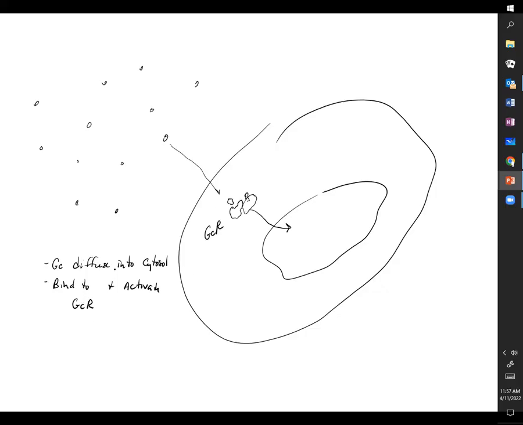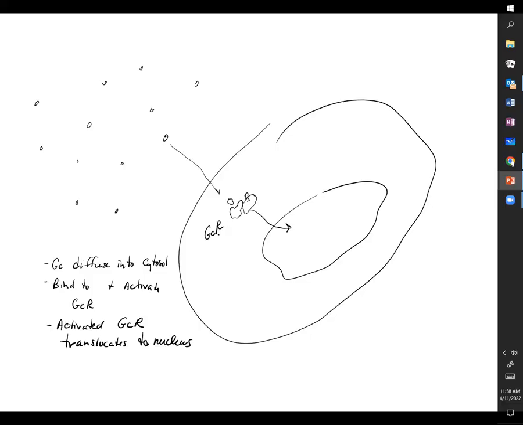Now, the glucocorticoid receptor, when it's activated, translocates to the nucleus of the cell.